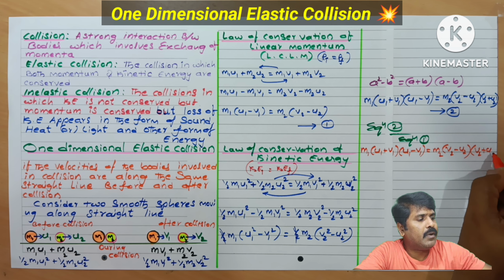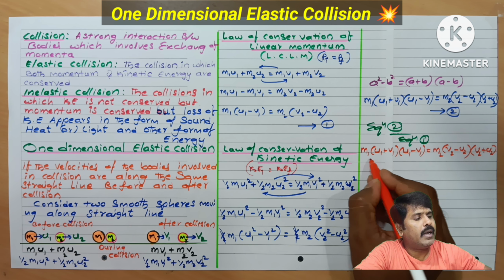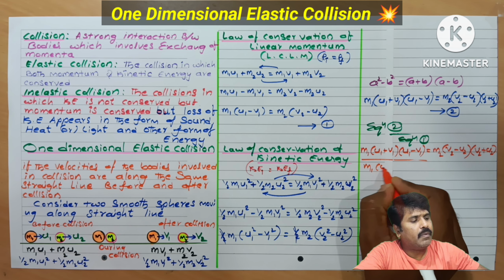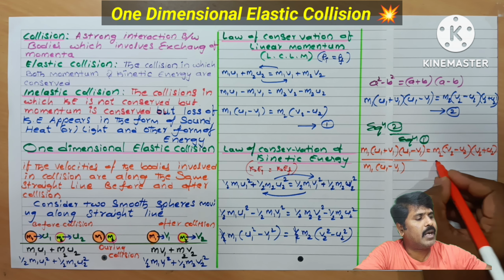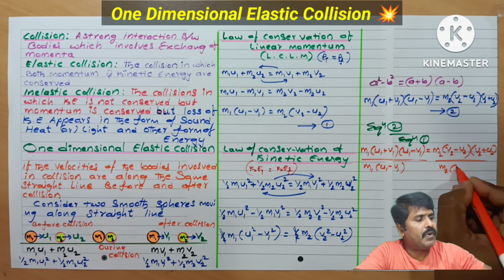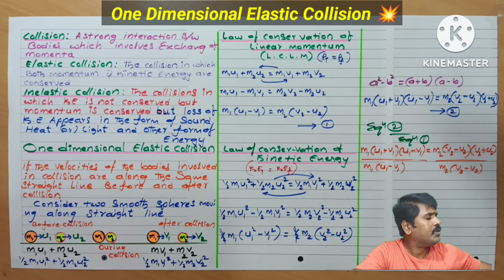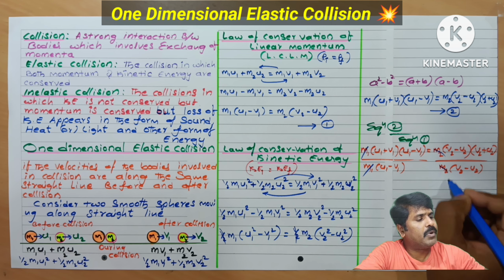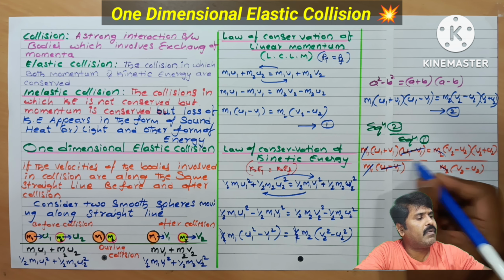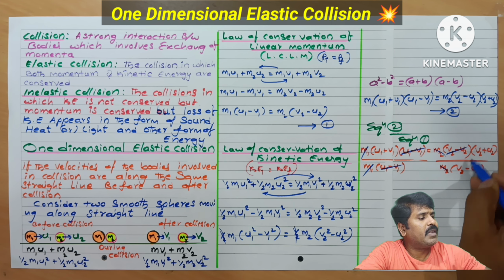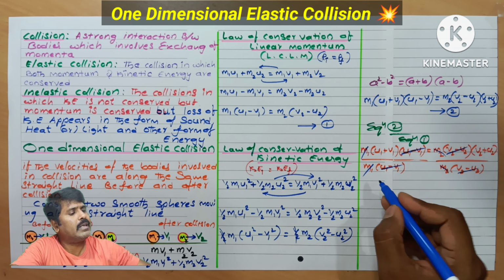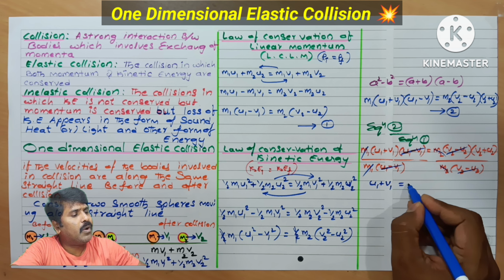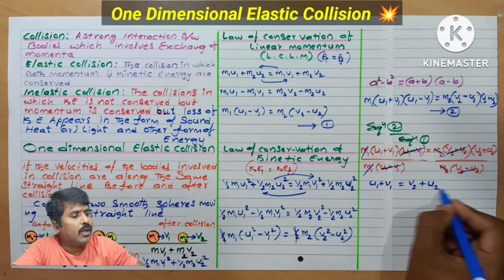Here m1 gets cancelled, m2 gets cancelled, and u1 minus v1 and v2 minus u2 get cancelled, so I get u1 plus v1 equal to v2 plus u2.